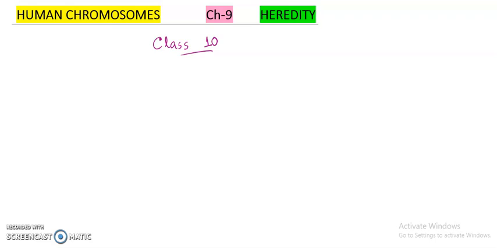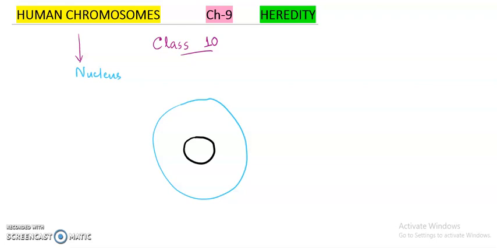Now, if I talk about human chromosomes, where are they found? They are found in the nucleus of the cell, right? Suppose this is our cell and this is the nucleus in the center.